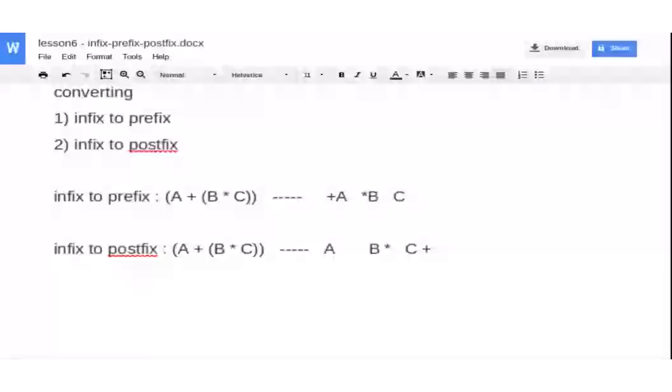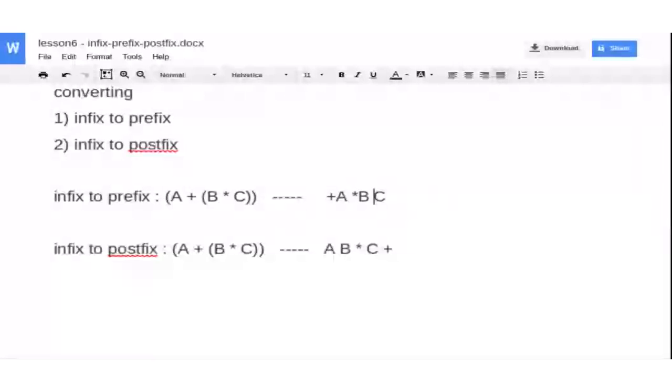Now, as I had put them so highly separated just to make it easier to do the demonstration, it should not be so much separated. They should, of course, look like the ordinary way we write these expressions.